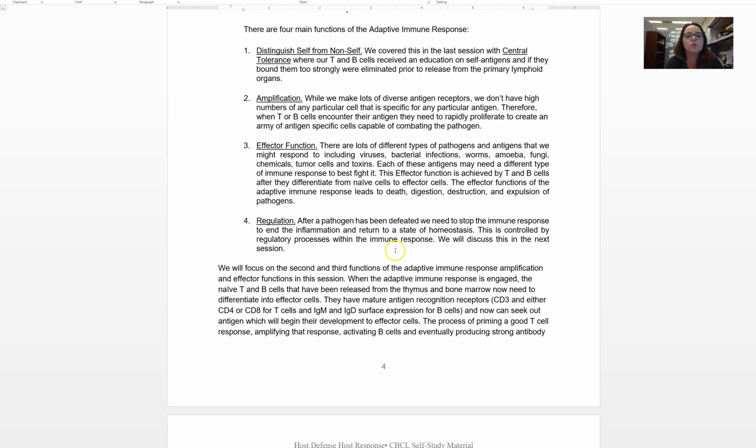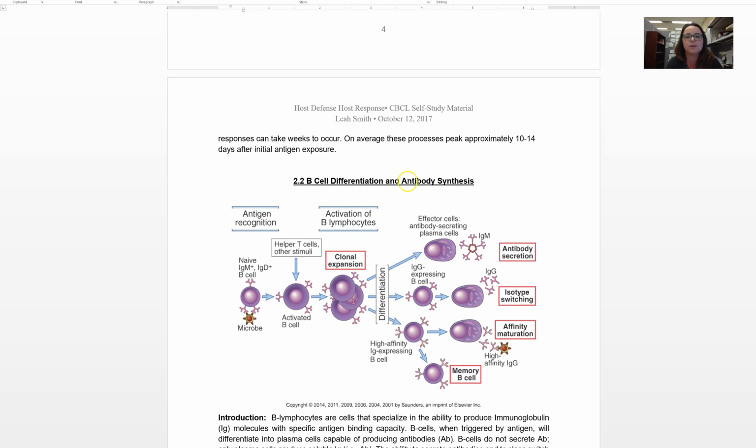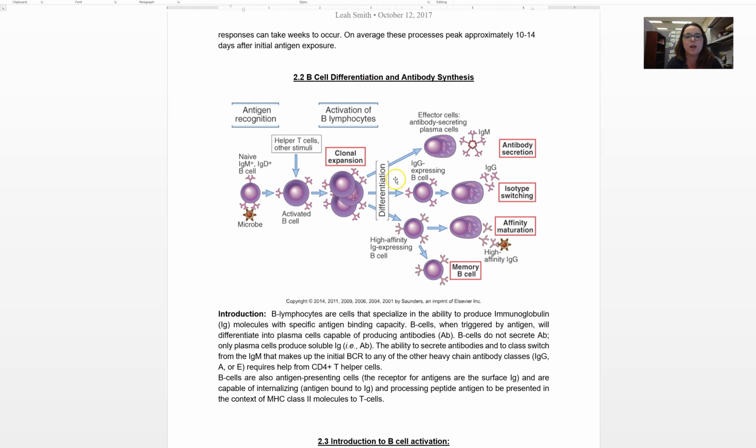All right. So this is some background on how the adaptive immune response functions. And then we get into B cell differentiation and antibody synthesis. So remember when we formed our naive B cell and it was ready to go out into the world, it was expressing IgM, which is the B cell receptor, and it was probably also expressing IgD so that it could leave the bone marrow.